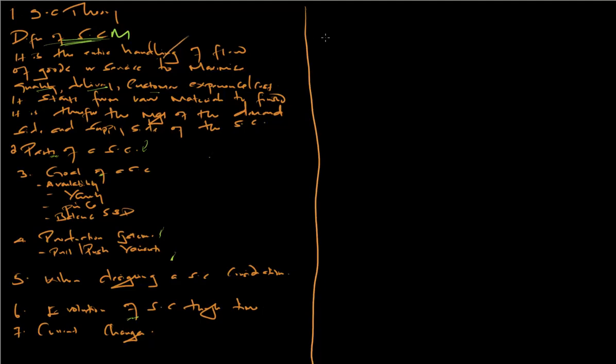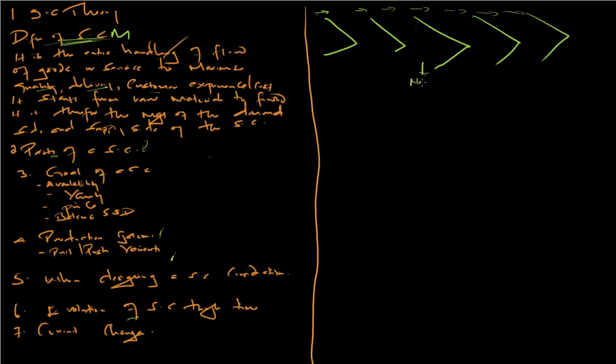The first one would be that a conventional supply chain moves towards the customer. These are activities that we are doing to make sure we move goods and services towards the customer. On this end, we have what you call the nodal firm, and on this end we have what you call the supply side.